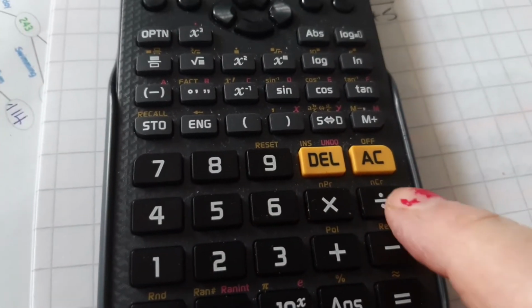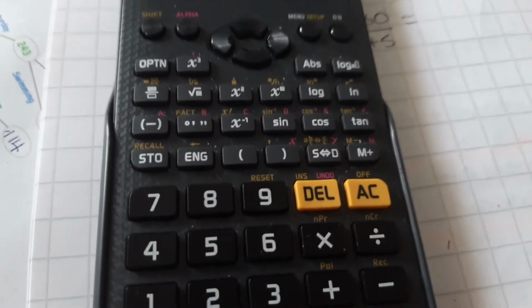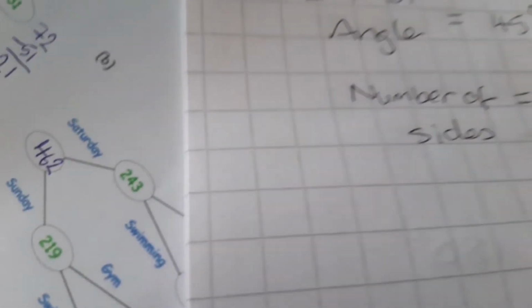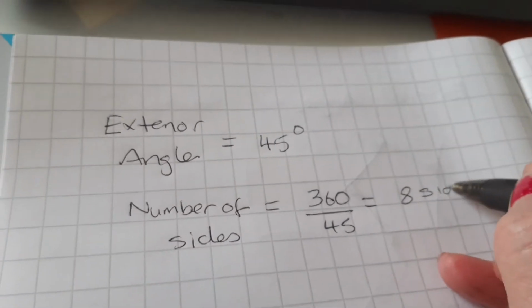Let's see what that is. 360 divided by 45 equals, can't see that very clearly, sorry, 8. This must be an 8-sided shape, and we call that an octagon.